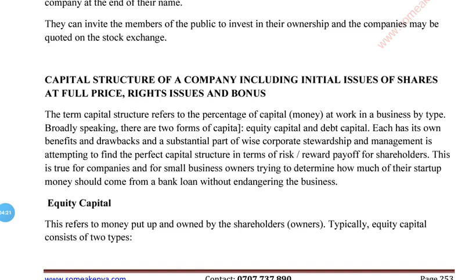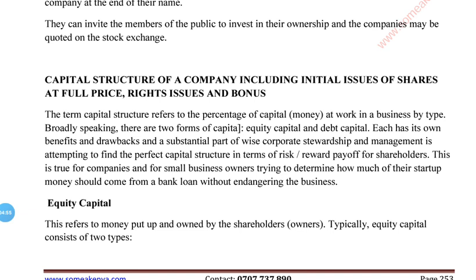The asset side, which is the debit side of the balance sheet, and then the other side, the financed by section. On the financed by section, we have equity capital and debt capital. Remember, debt capital is where we have liabilities. Equity capital is where we have capital, or in the case of a company, the share capital.